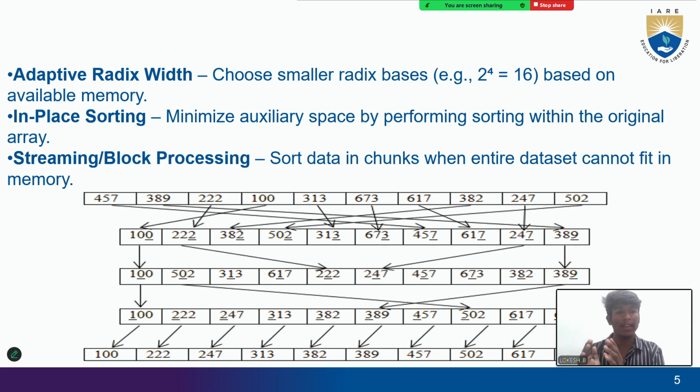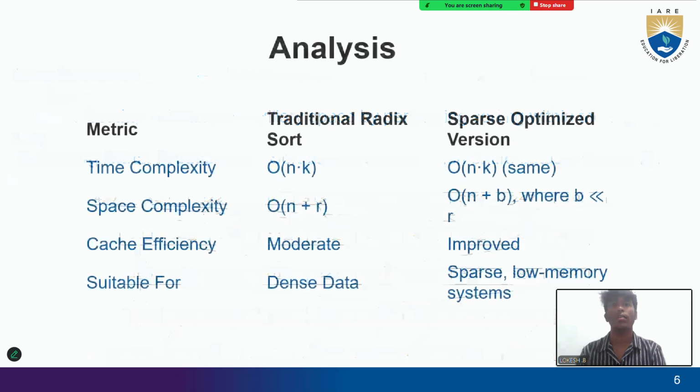Then we divide one part again into two parts. Later on we go on dividing, and at last we connect the two divided parts again. This is also called the divide and conquer method. This is the standard radix sort.